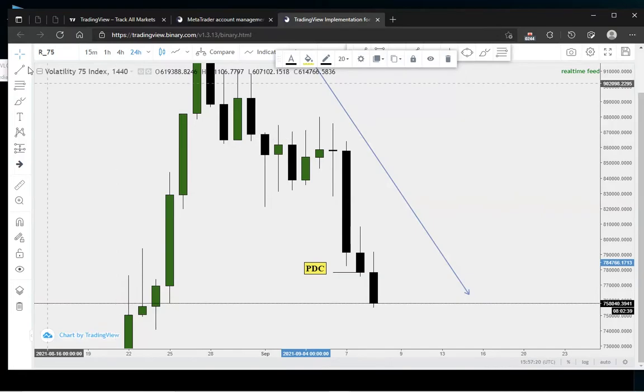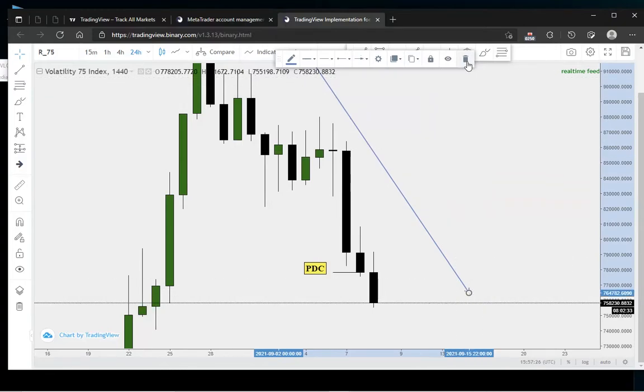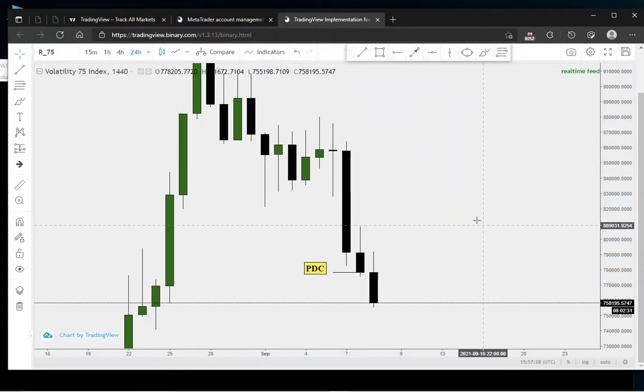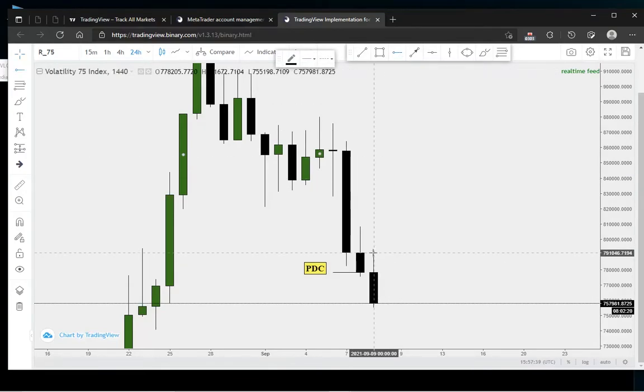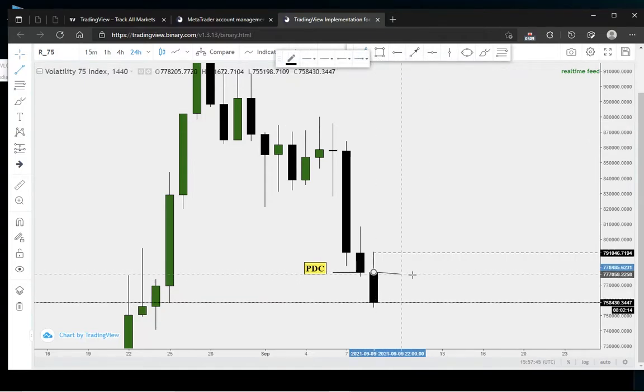After spotting my previous daily close, I look at the next day, the candle that is forming the new day. Why? I want to spot the reversal, the retracement of the previous daily close, where prices opened. So let's say the next day prices opened around here.